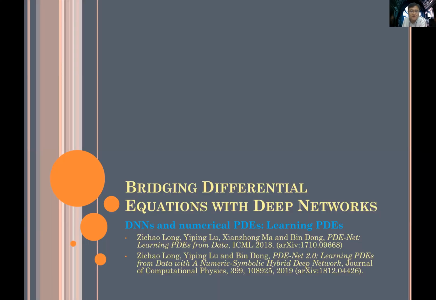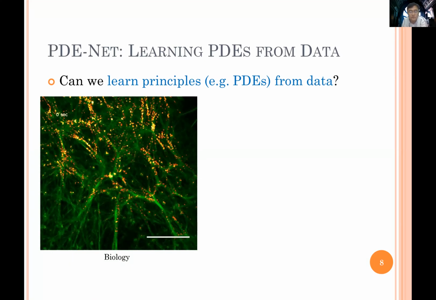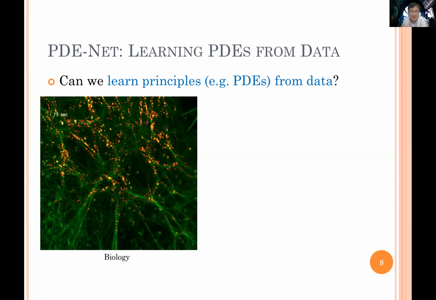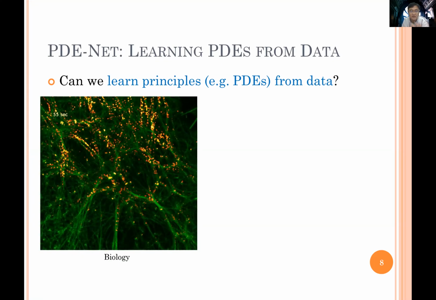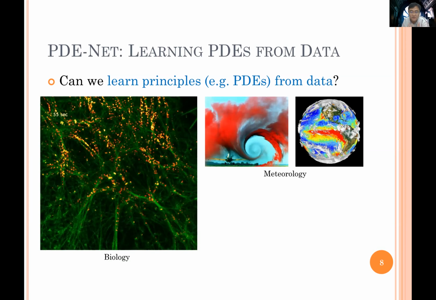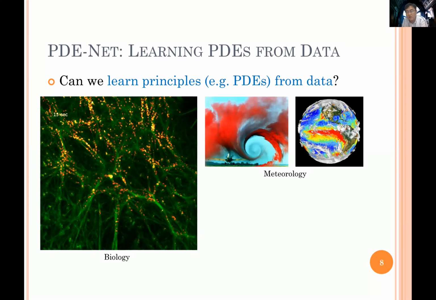Okay, so let's start with the inverse problem. What a PDE-based inverse problem wants to do is to figure out what the governing principles are behind observed dynamics. It has applications from biology, from meteorology, and also from computer graphics.